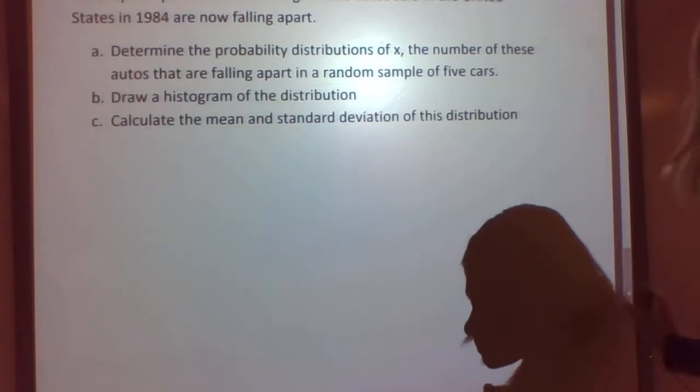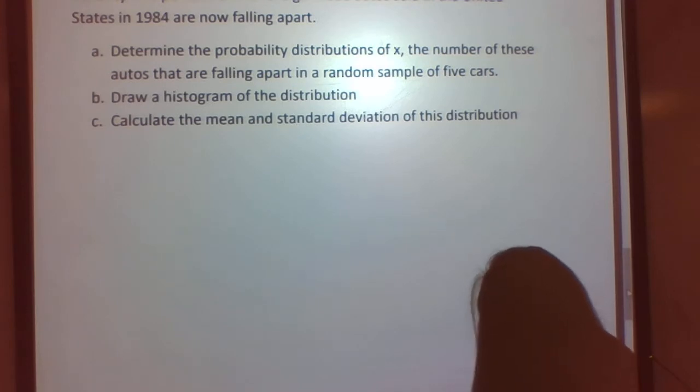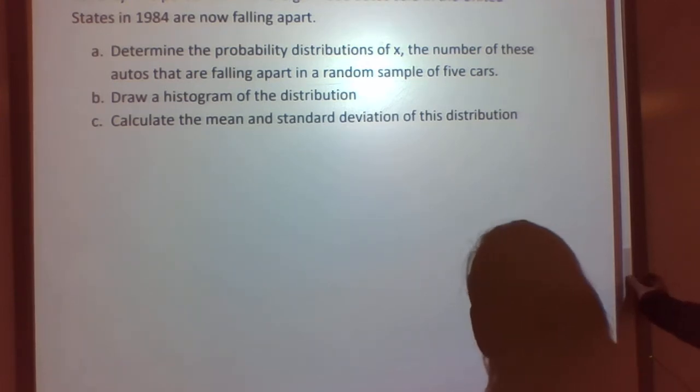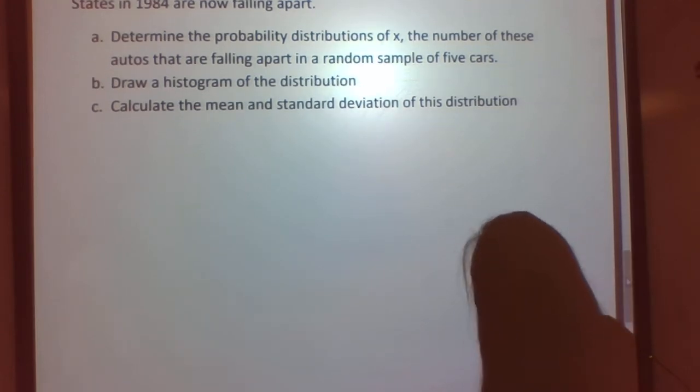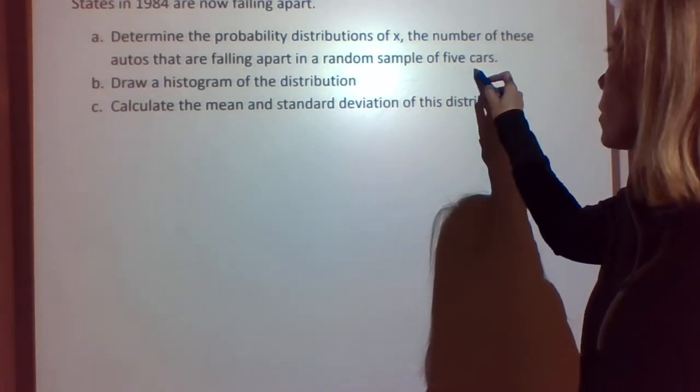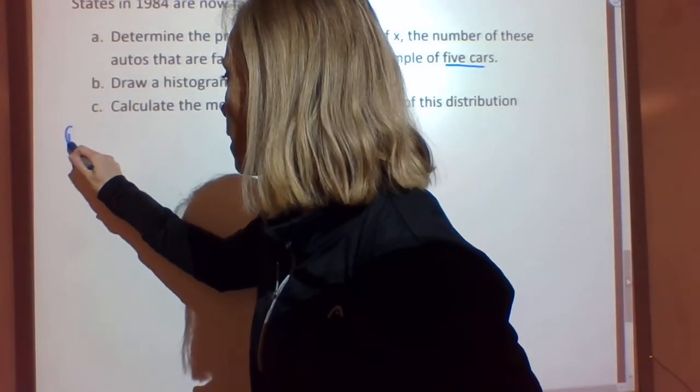Should we do one more? "75% of foreign-made autos sold in the United States are now falling apart. Determine the probability distribution of these autos falling apart in a random sample of 5 cars." So if I have 5 cars, I would have this, right?